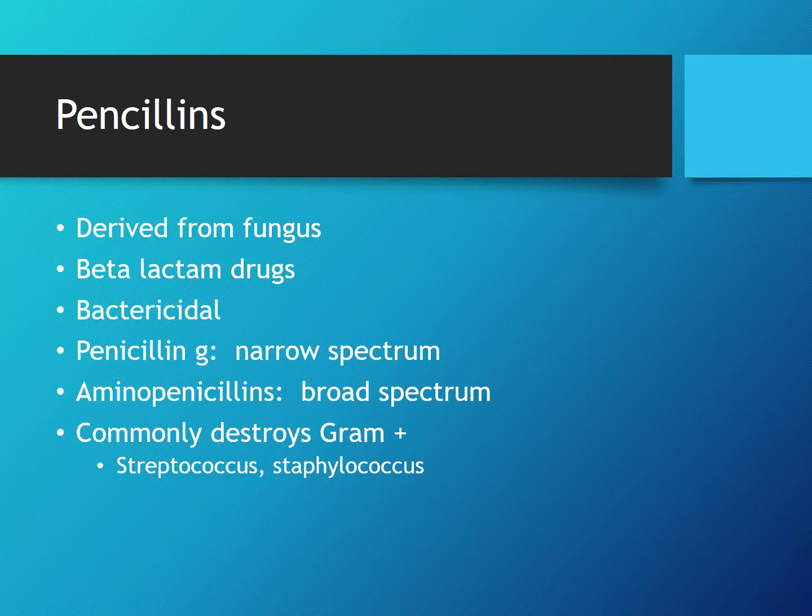They are bactericidal. They can be narrow spectrum like penicillin G, or in this category you also have drugs that are broad spectrum like aminopenicillins. They commonly destroy gram positives like strep and staph.